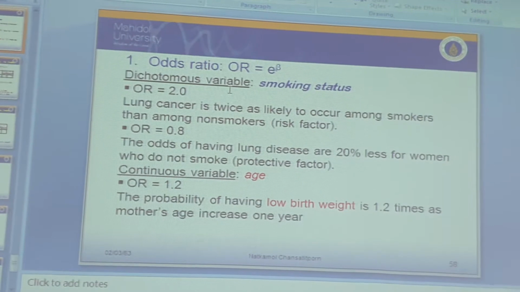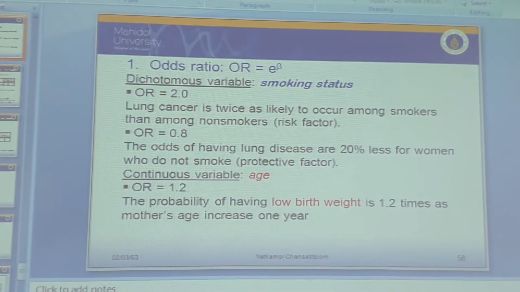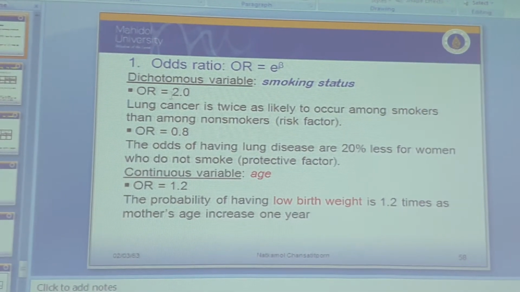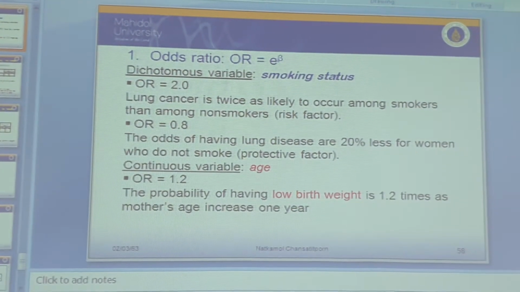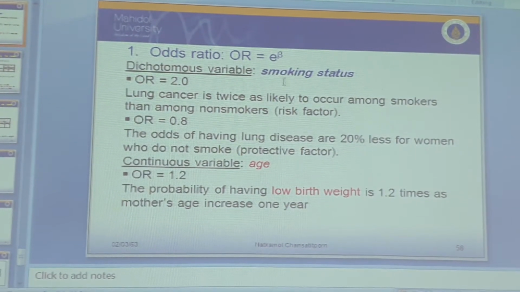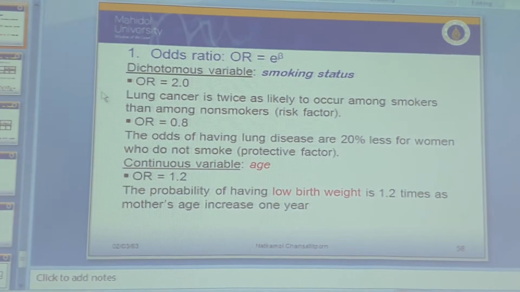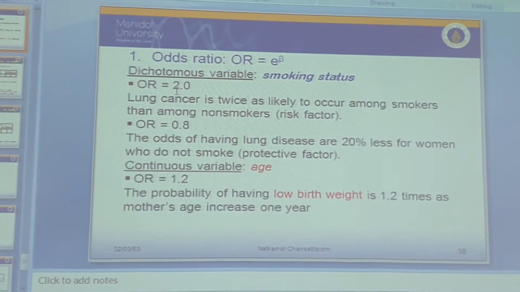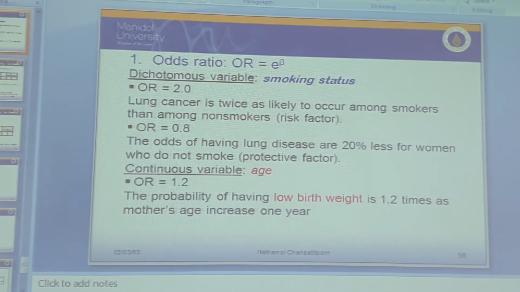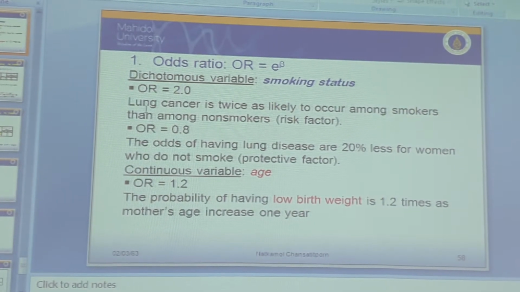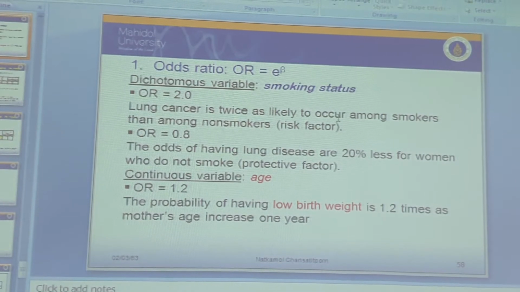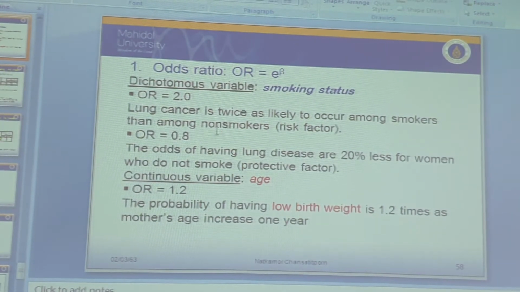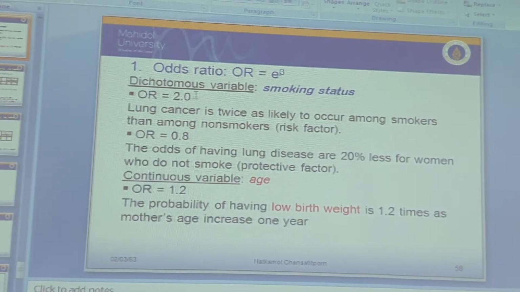For example, if we got an odds ratio of 2 and our dichotomous variable X is smoking status, this means that lung cancer, for example our dependent variable, is twice as likely to occur among smokers than among non-smokers, okay, 2 times.